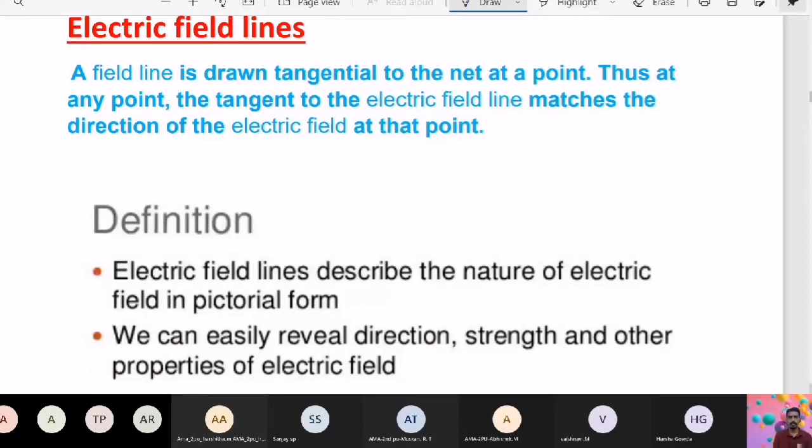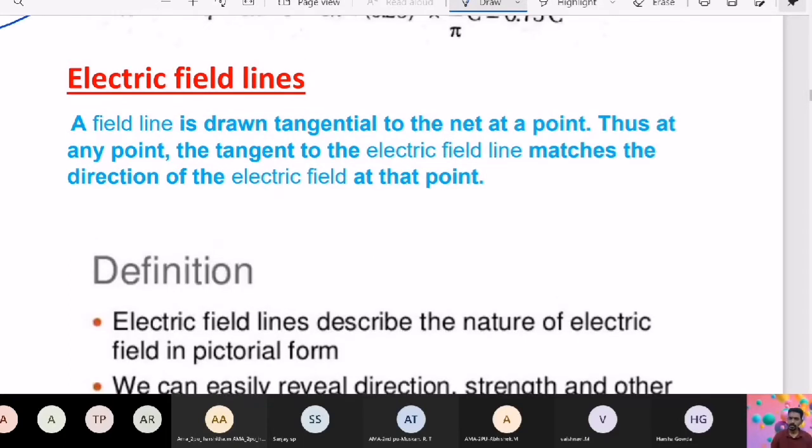Now, the next thing here, what we need to understand is electric field lines. What is the meaning of electric field line? Means here, there is suppose a charge, or there are two charges, there are three charges. Minimum one charge is there means in the surroundings there is some electric field at any point you consider. At every point there is some electric field.